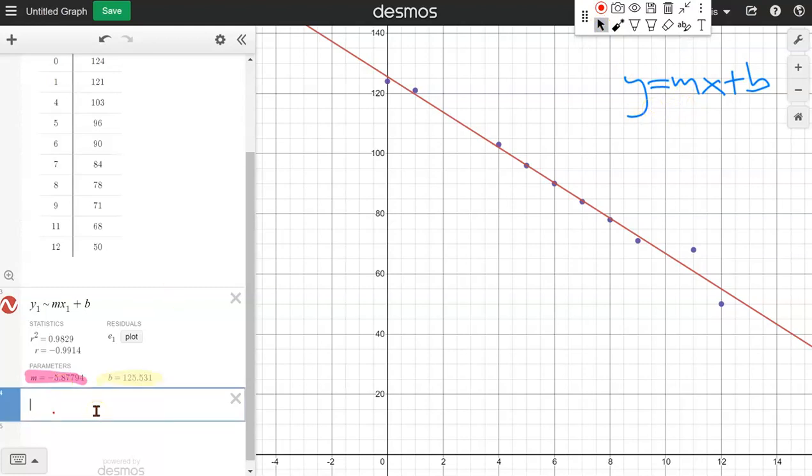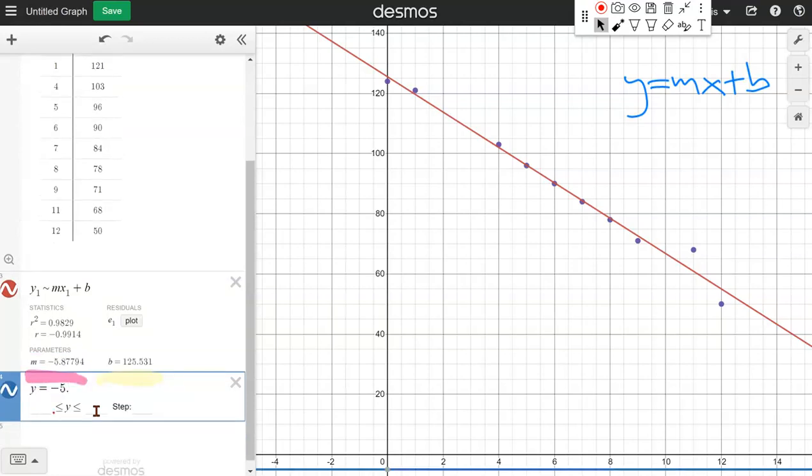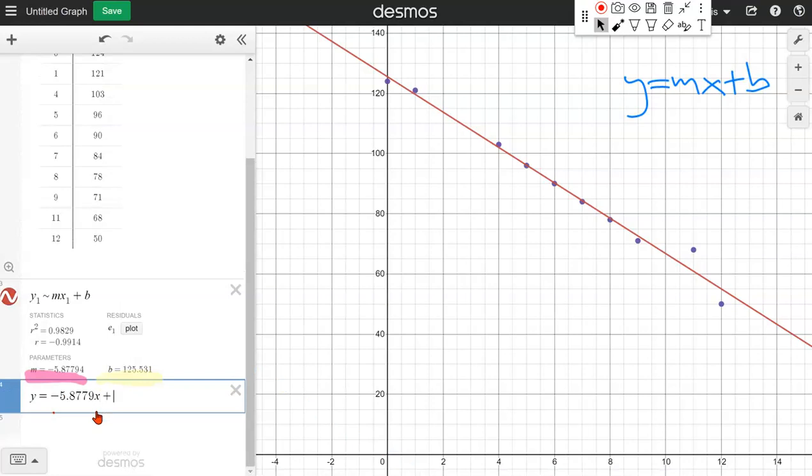So type it here, y equals, your m is -5 point, let's use 4 decimals, 8779 x plus your b is 125.531, and that is exactly this line here. So this is our line of best fit.